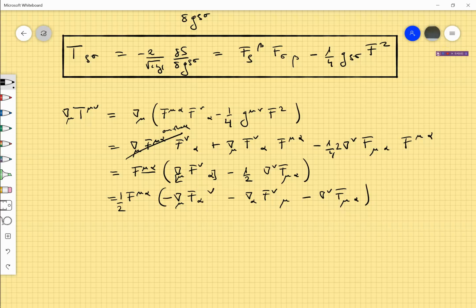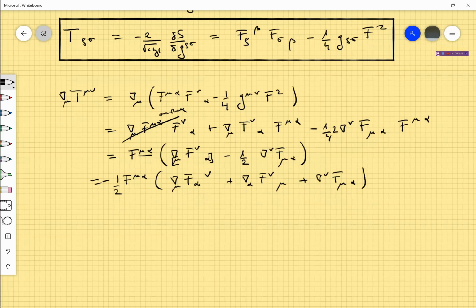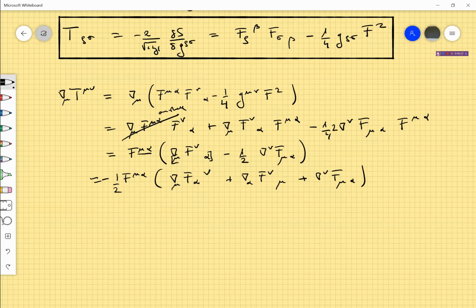So I get a further minus sign, which I put here, so I get rid of them. And just trying to write this in a more recognizable way, because you see that now in this expression, the indices have been permuted cyclically. I can make this more explicit by writing this if you want in this way.